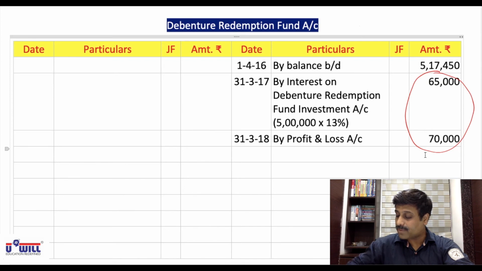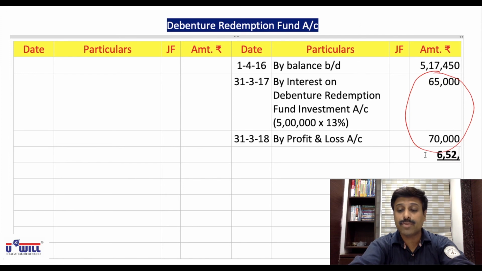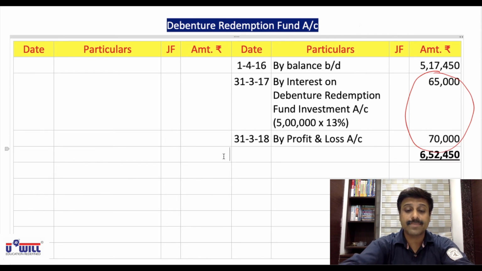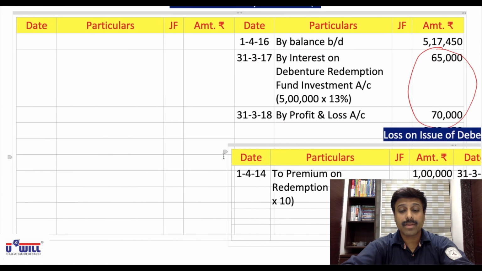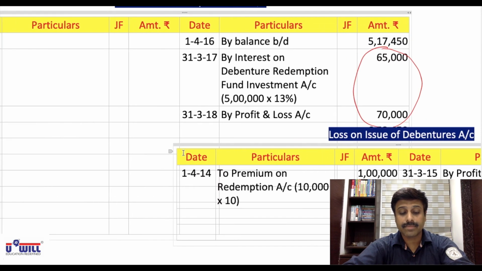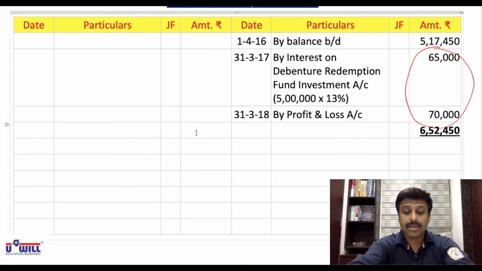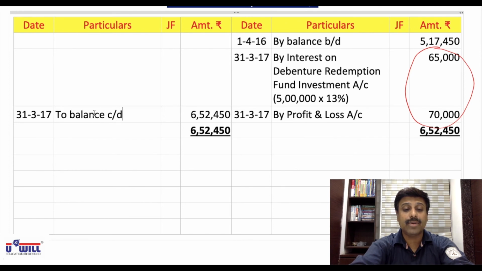It will have a balance of 6,52,450 on both the sides, and balance also 6,52,450. 31,317, we'll make the correction. 31,317 to balance carried down, and opposite side 1,417 by balance brought down.